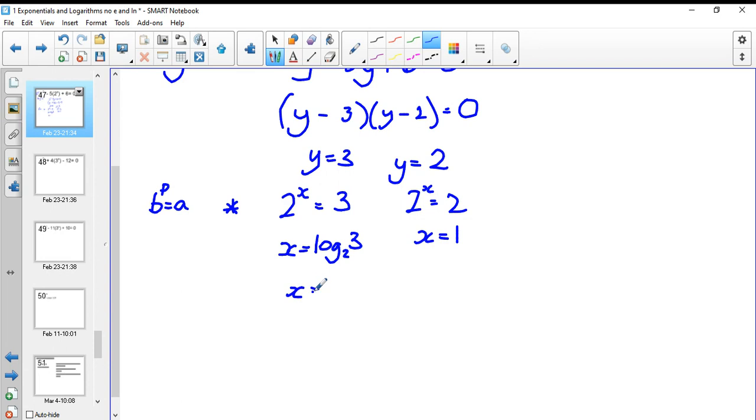If the question asks for you to give your answers to a certain decimal place, then you can stick it in your calculator, and in this case, the answer is 1.58 to 3 sig figs. So depending on what the question says, if it's exact, you must give it like that. Don't turn it to a decimal. Okay, alternatively, you can work it out as a decimal.